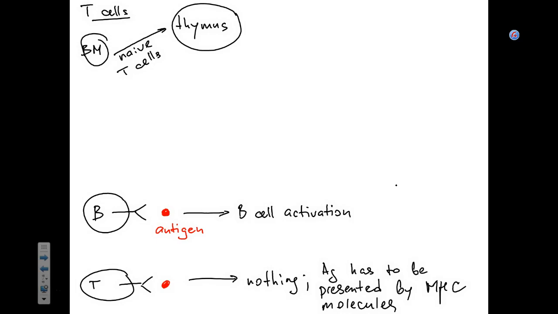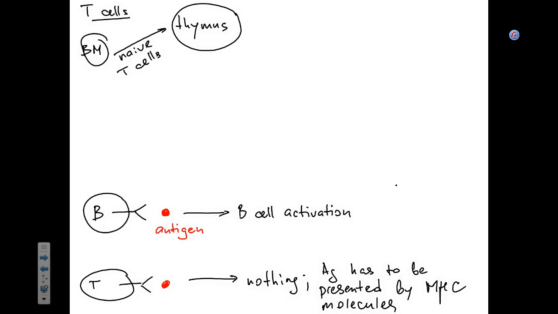So B cells, when they mature in the bone marrow, which quality is used to select for the right B cells? They have to be able to tell something apart. Yes, B cells have to differentiate between foreign and self. T cells, do they have to do the same? Do they have to differentiate between your own tissues and foreign tissues? Sure, but they also have to be able to do something else.